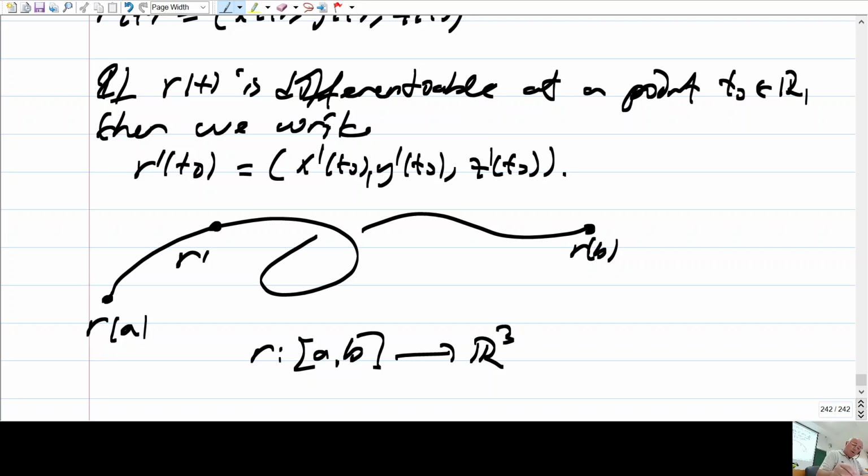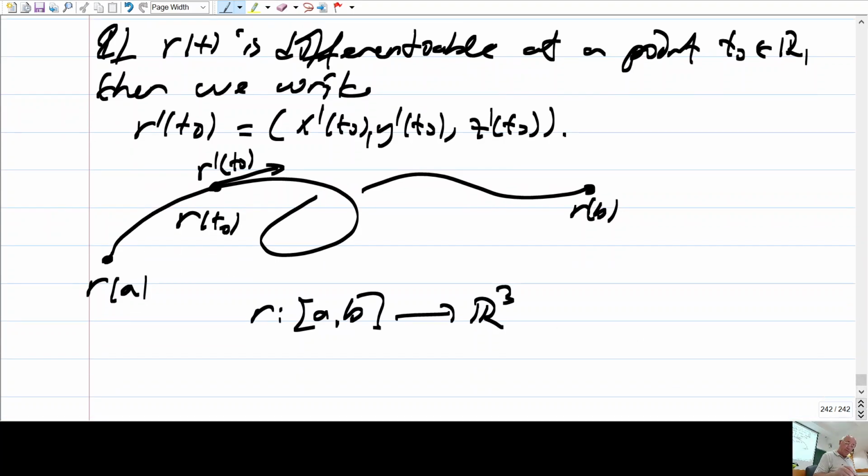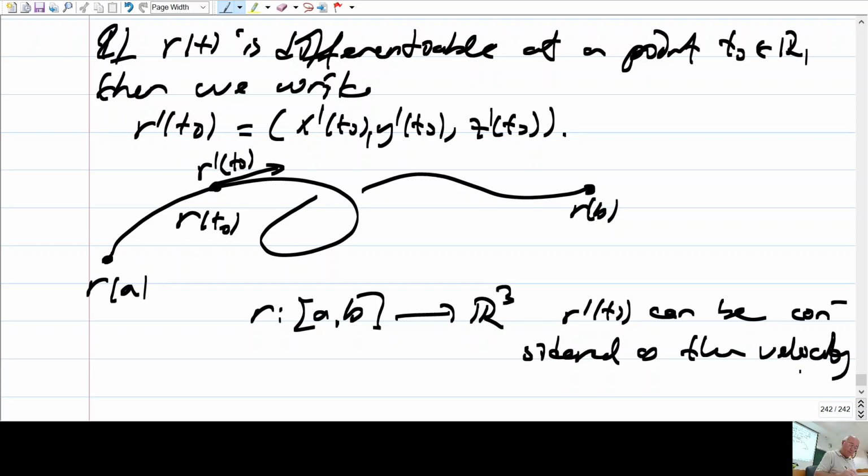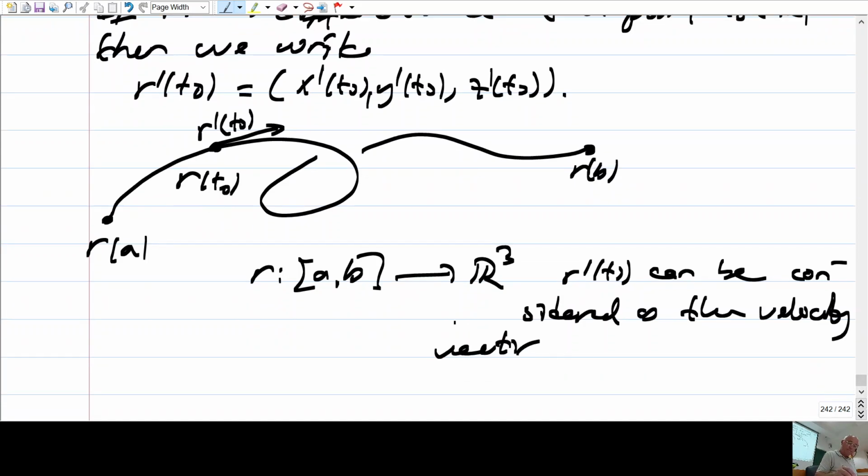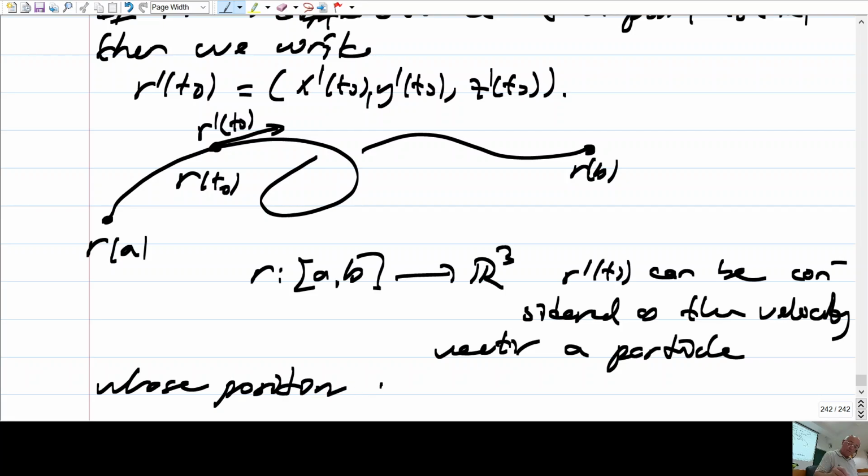At a point t0, let's say r(t0), the derivative r prime t0 can be considered as the velocity vector of a particle moving as r(t), whose position is given by r(t).